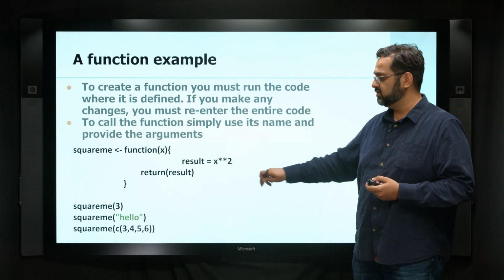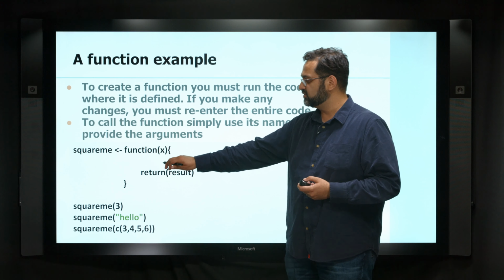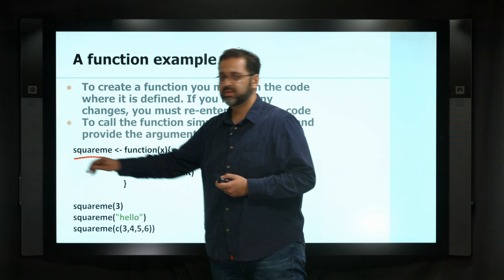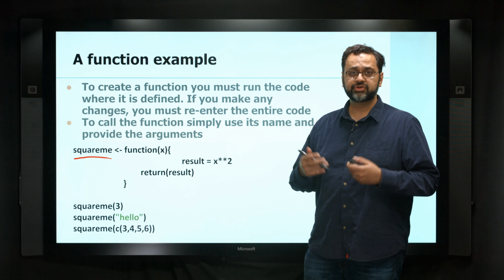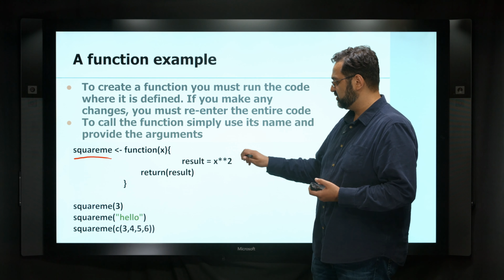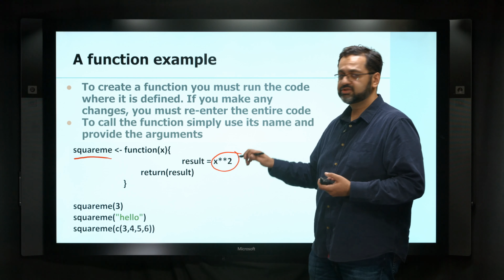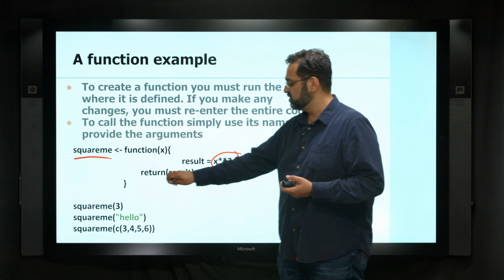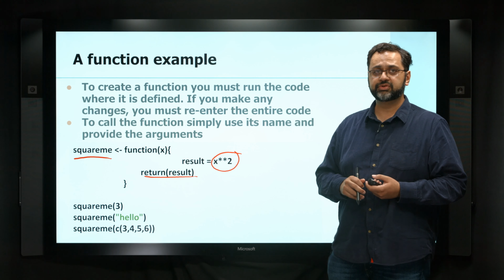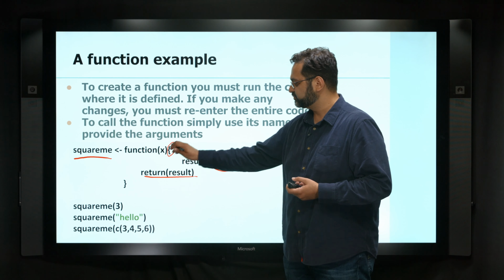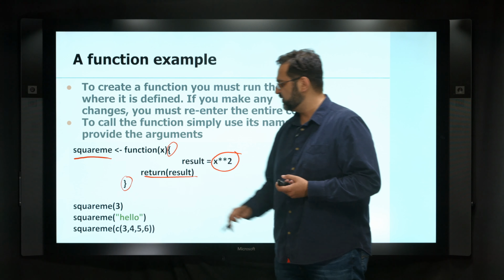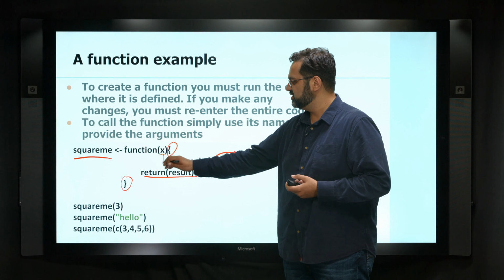So here's the example. I made a really simple function called square me. So obviously by the name, you know that if you provide any kind of argument, it's going to perform the square operation. It's just going to take the value, square it, and return that squared value back to the user. Okay? So these are the curly brackets that define the beginning and end of the function. This is my argument.